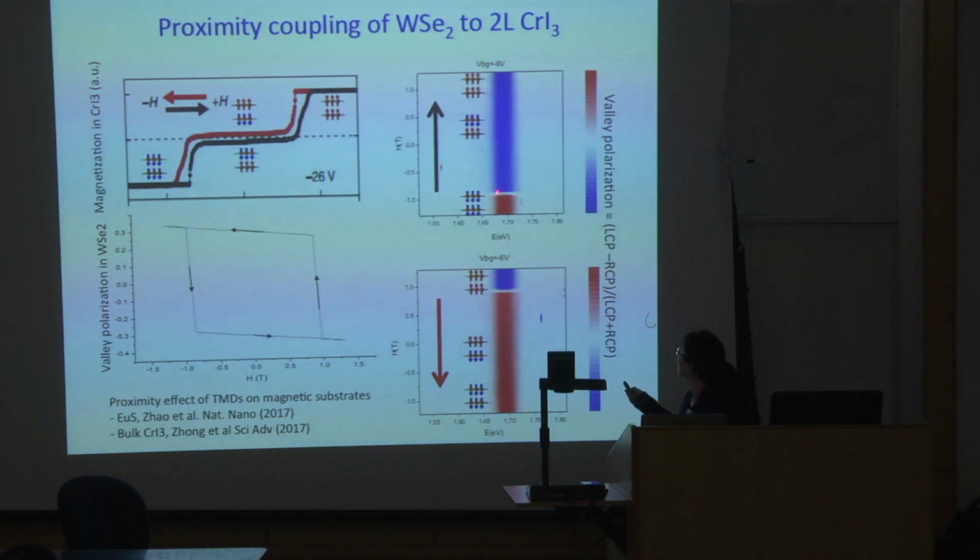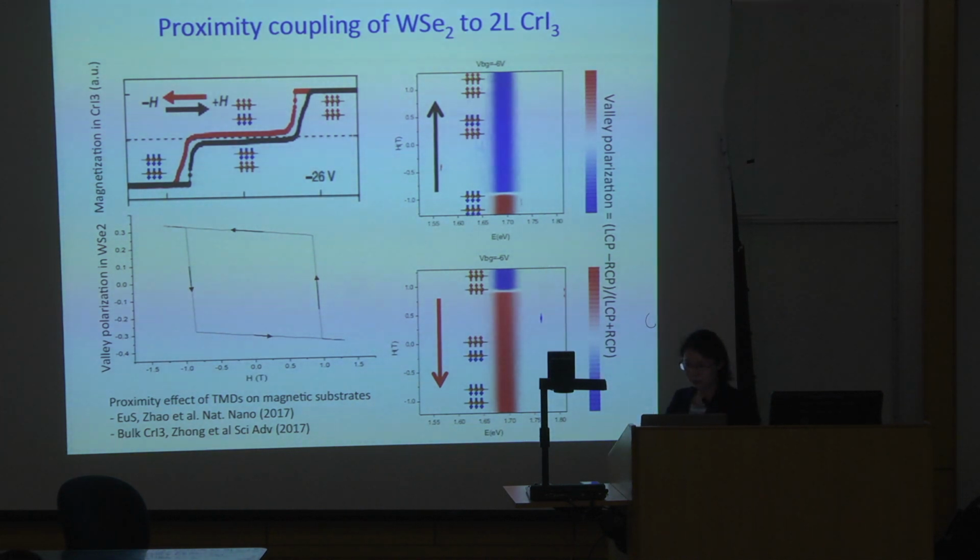You can see that the light polarization changes from one handedness to another when I switch the magnet. And this is the same when I flip the direction of my magnetic field. If I plot the handedness degree as a function of magnetic field, I also get this nice hysteresis loop, which follows that one. So it seems that it works.